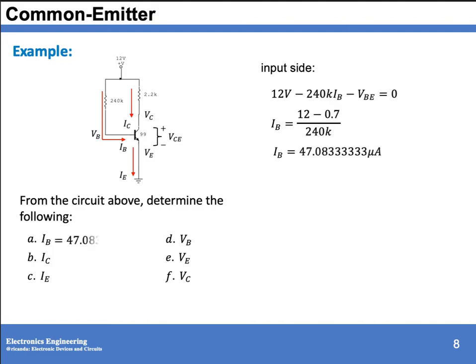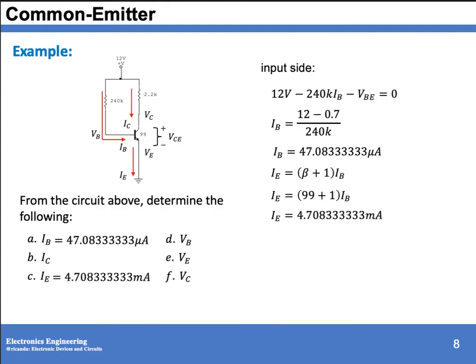Therefore, IB is equivalent to 47.08333 microamperes. Solving for your IE, we know IE is equivalent to beta plus 1 times IB. So we have 99 plus 1 times your IB, and that is your IE. And solving for your IC, which is equivalent to beta IB, therefore, we have IC equivalent to 4.66125 milliamps.